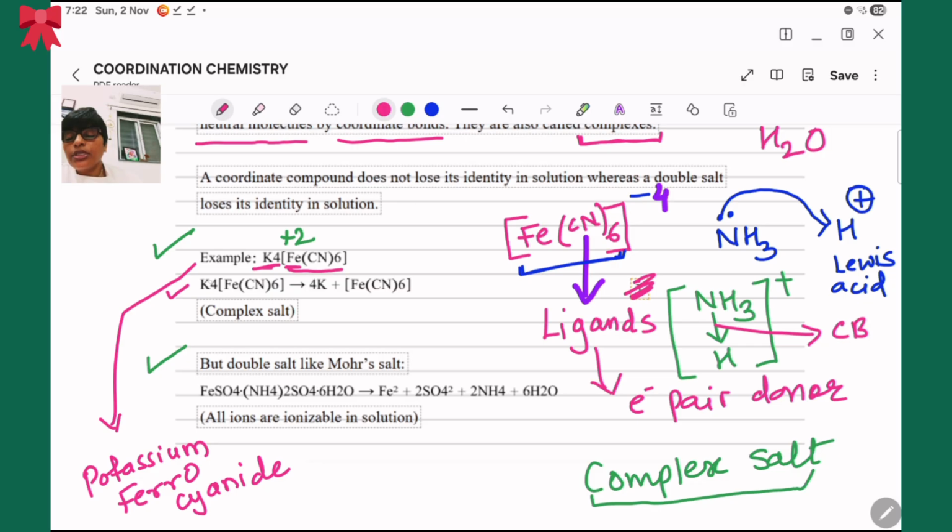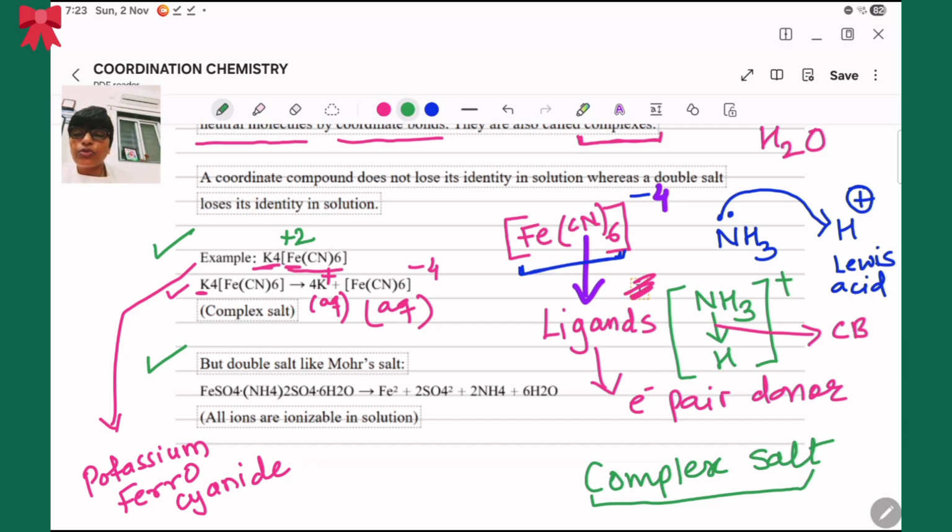What happens naturally is the cations, that is potassium cations, get separated and you get 4K+ ions. The hexacyanoferrate, that is [Fe(CN)6]4-, also gets separated. But have they lost their identity? Have they broken their coordinate bonds? No, they have not broken their coordinate bonds.